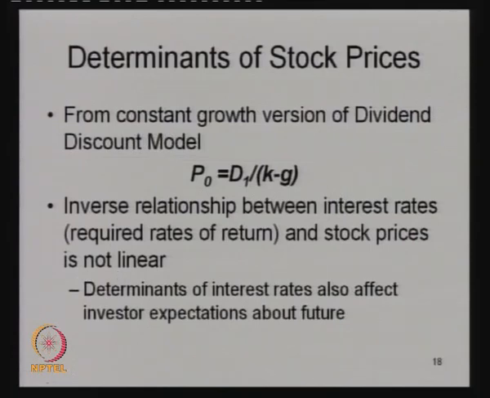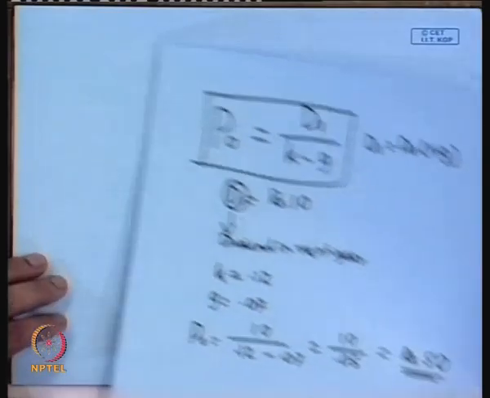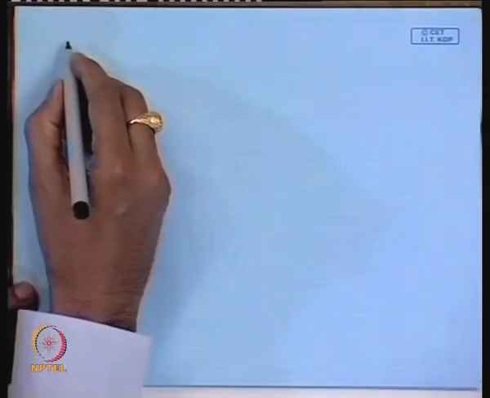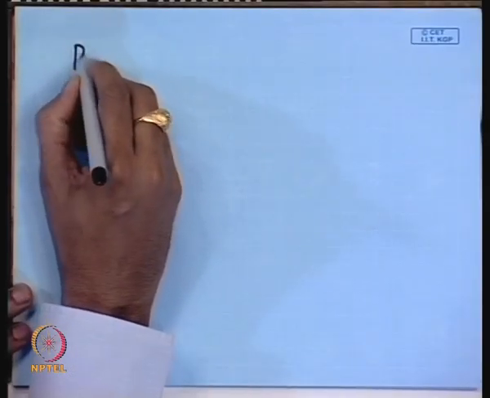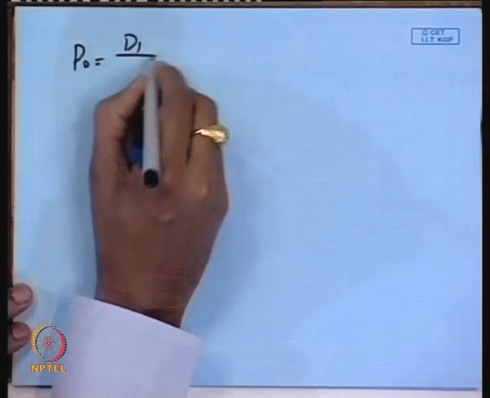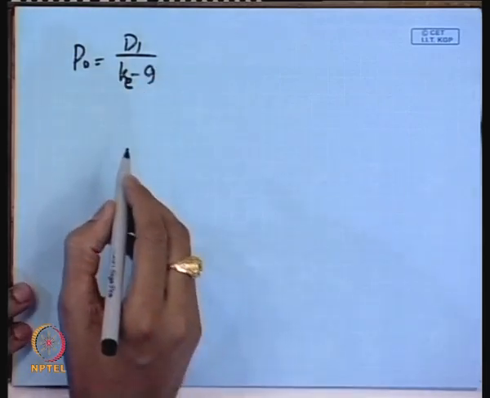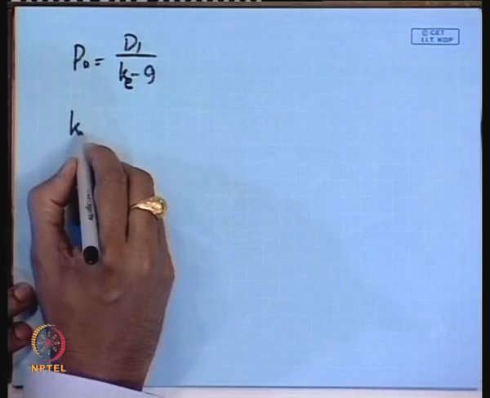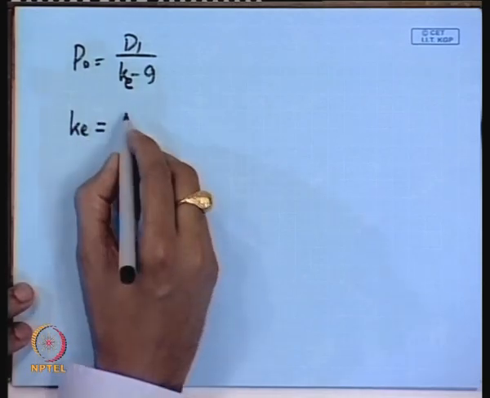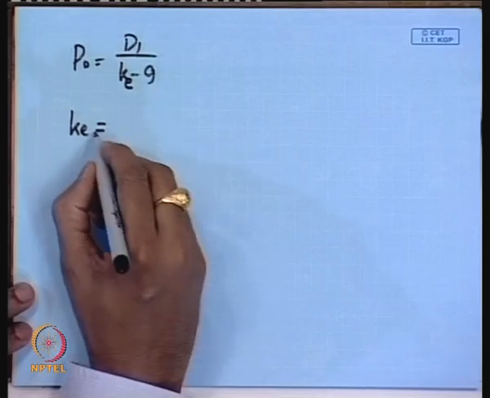Now, coming to the dividend model, as we discussed in the last model, P0 is equal to D1 by K minus G. In fact, we can say it as KE. If you look at the cost of equity, there are different formulas to estimate this one.